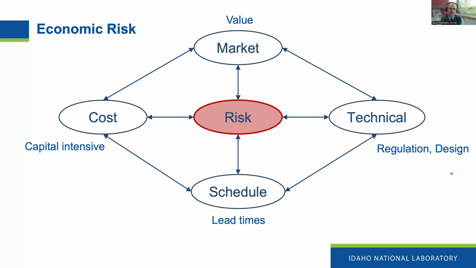That's a different characteristic than if you're operating your power plant in a market where it's a competitive market, where it's deregulated, or another word for that is called liberalized market. Okay, that influences who's going to bear the risk. If you are operating in a rate of return regulated market, it's actually the customers that are going to be bearing the risk. Or if you are operating in a competitive market, it's going to be the utilities that are bearing the risk. Okay.